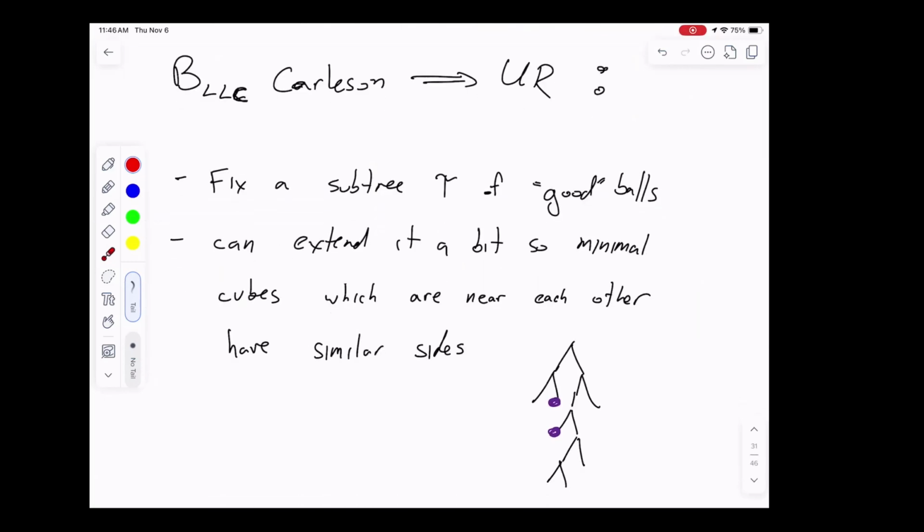Now I want to talk about the second item, which was that if you have very few balls that fail LLC, then you're uniformly rectifiable. The goal is to reduce to Guy's theorem, the Guy-David theorem. We divide into subtrees as one does for a coronization.